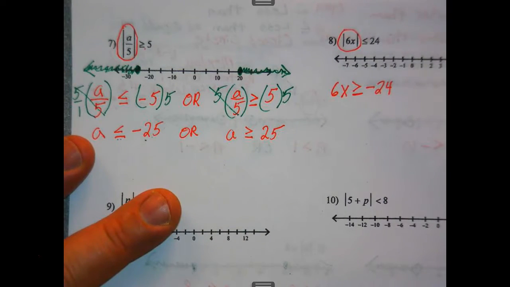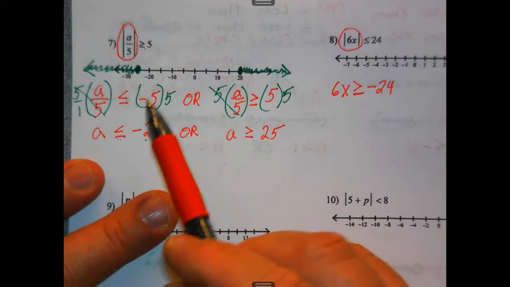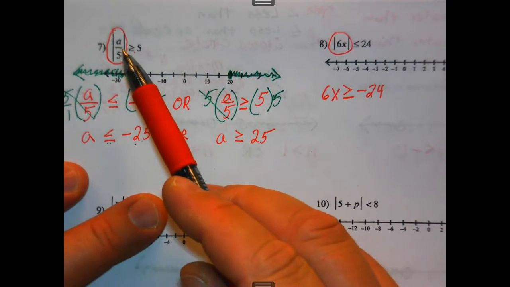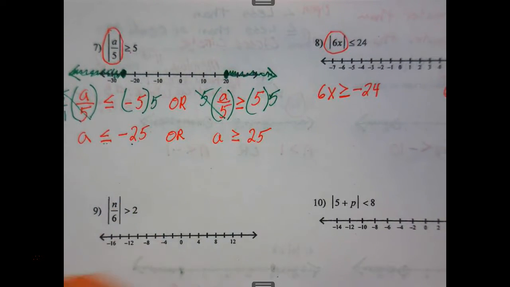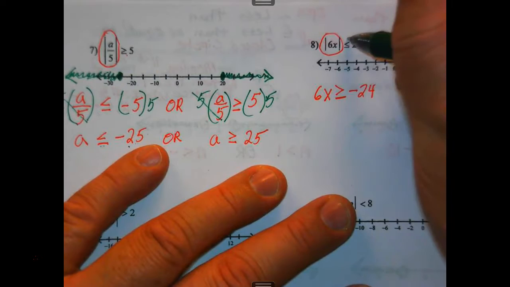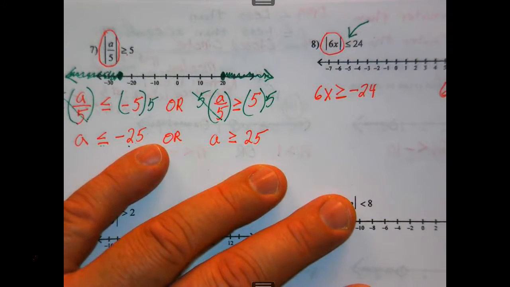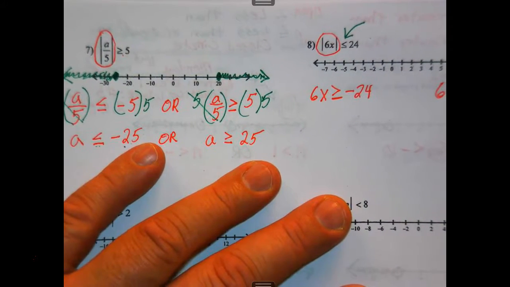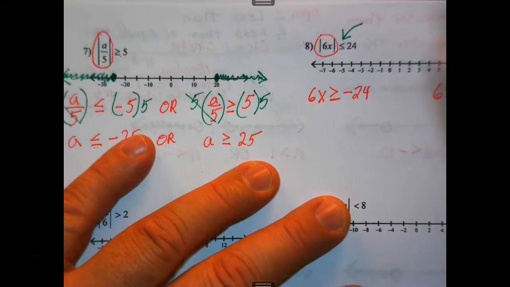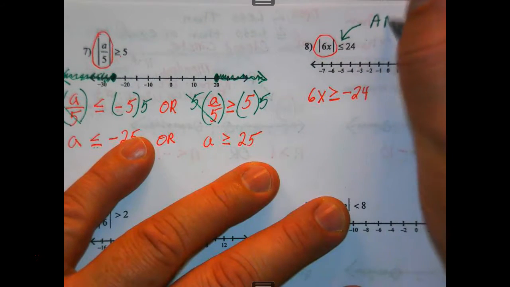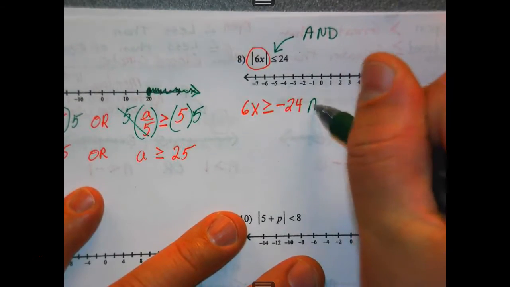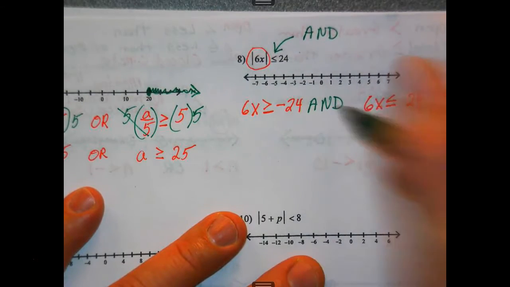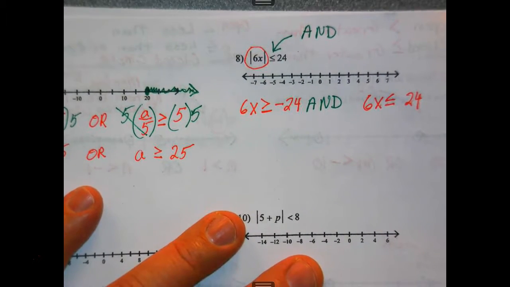Now, this whole time we've been dealing with greater than signs, correct? This is not a greater than sign. This is a less than sign. Less than or equal to, we have to use the conjunction word and. Okay? So I'm going to have to put the word and in between the two inequalities that I have to solve.